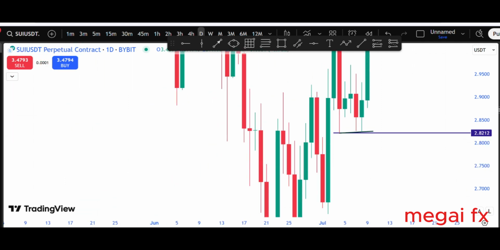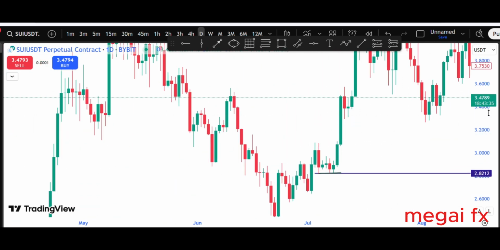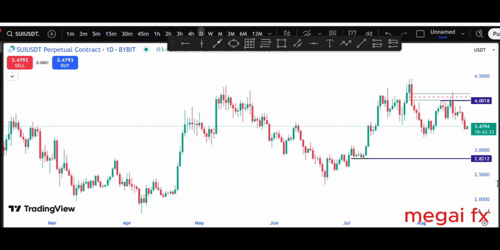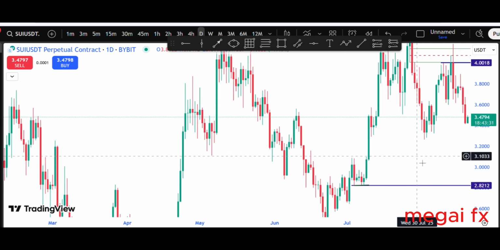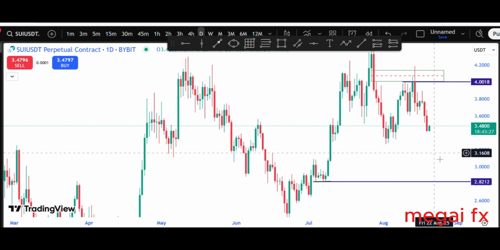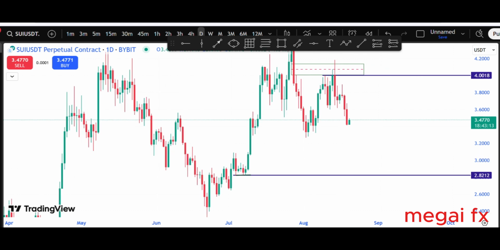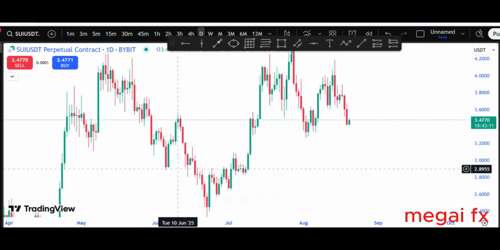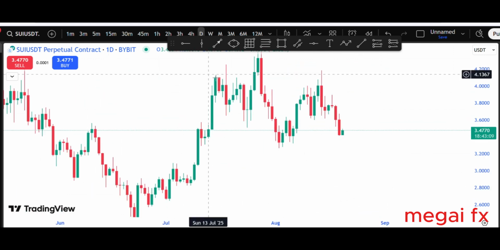You understand? And after that, you notice that we had an aggressive movement to the upside. So using two assets that are positively correlated will give you an upper hand in trading, in making liquidity sweep a strategy. If you backtest this chart, you will notice that we have so many of these.